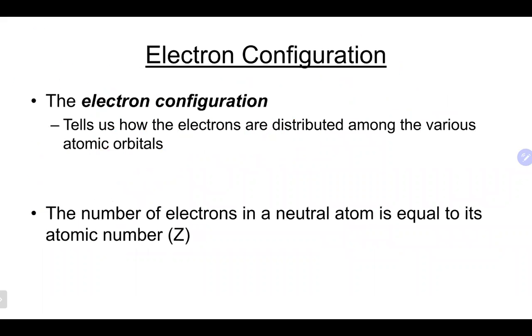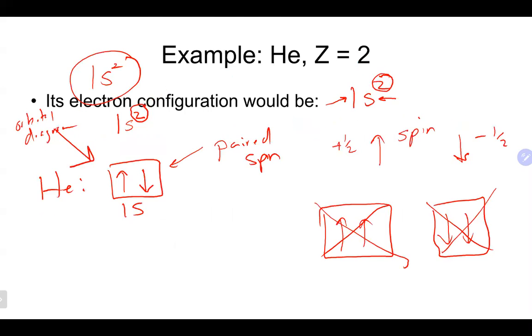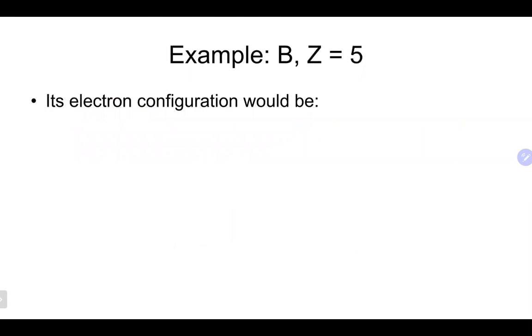There we go. At boron, again, starting at 1s2, zigzagging back to our 2s2, the next guy that should get electrons is our 2p subshell, because p has 3 individual orbitals. For boron, we would have 1s2, 2s2, and 2p1.